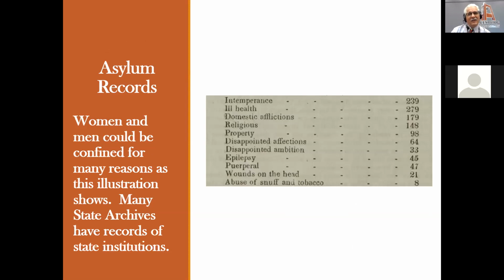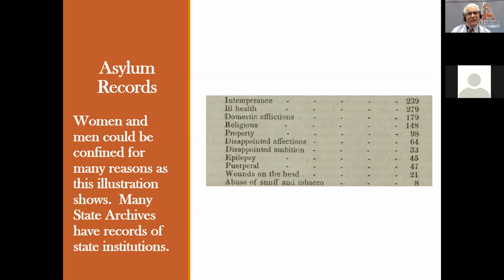Asylum records, that's sort of offbeat, but you should definitely look for them because it was very easy, especially for a woman, to get committed in those days. For instance, women fainted a lot because of the heavy clothing and the tight corsets, which actually moved some of your inner organs. That's how bad they were. And so it was considered to be some sort of a weakness, a mental affliction.